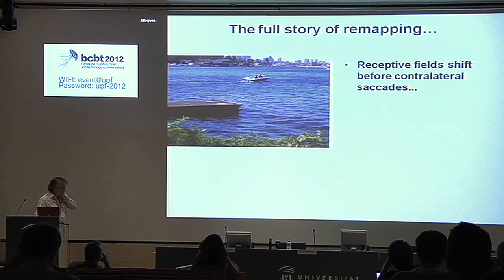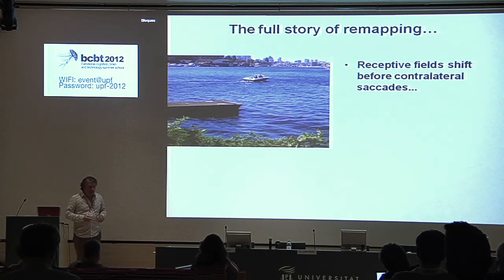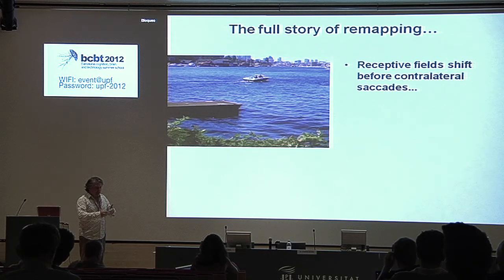As you all know, neurons in one side of the brain tend to code for the other side of space, or the other side of the body. What I've been showing you so far is a set of experiments where we studied the pathway only along one side of the brain. For example, we would be stimulating the left colliculus, recording from the left frontal eye field.